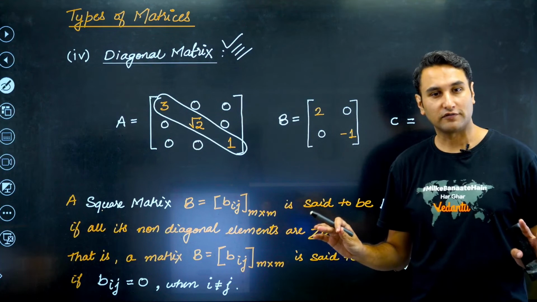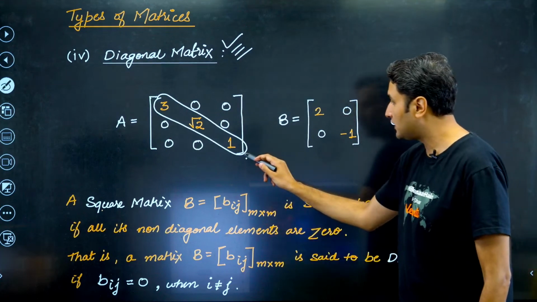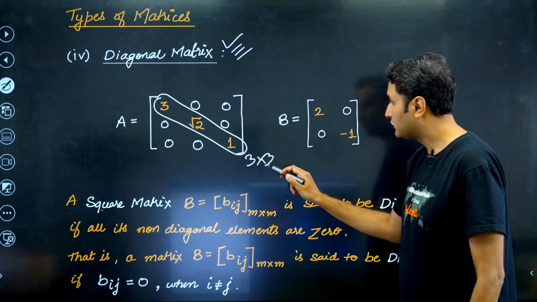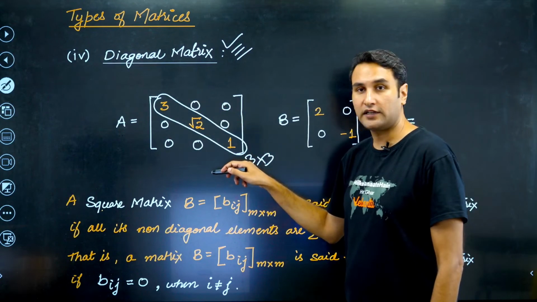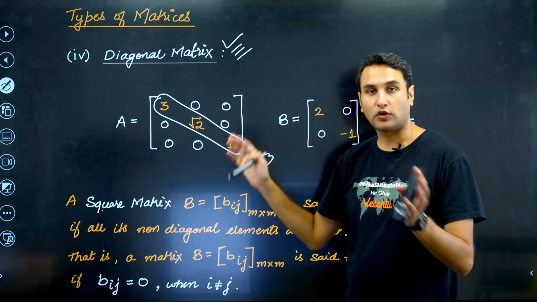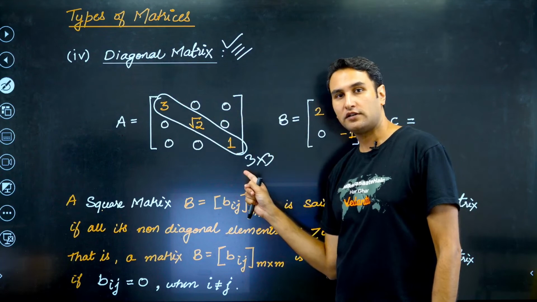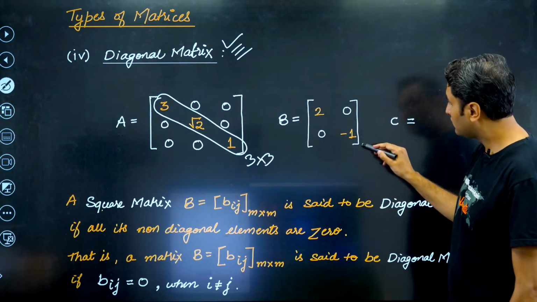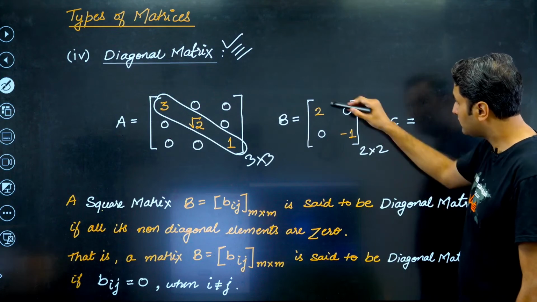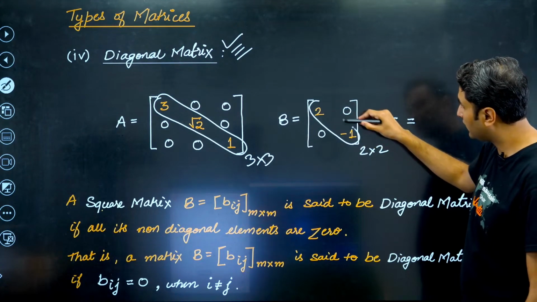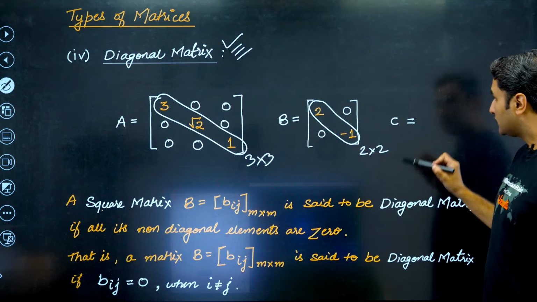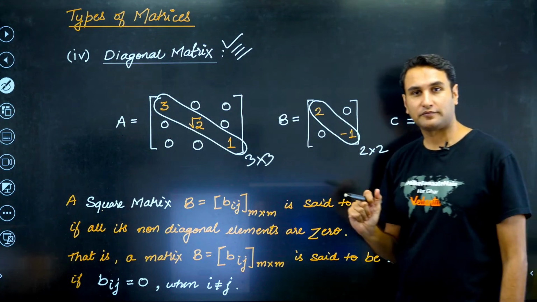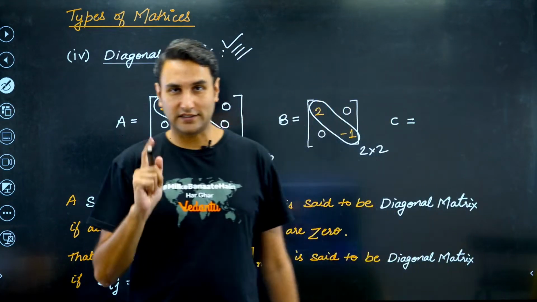Simple, very clear, right? So this is a 3 by 3 matrix. All the elements other than the diagonal are 0. We call it a diagonal matrix of order 3. Diagonal matrix of order 2 means all the elements other than the diagonal are 0. Can I write a single unit?